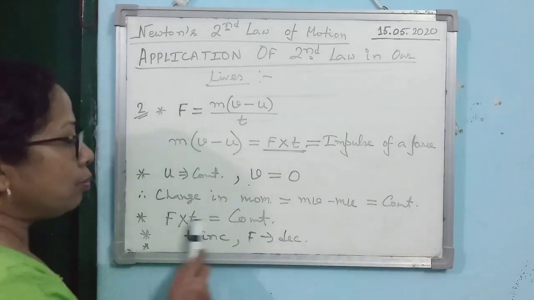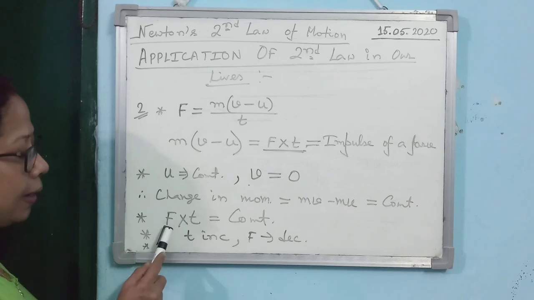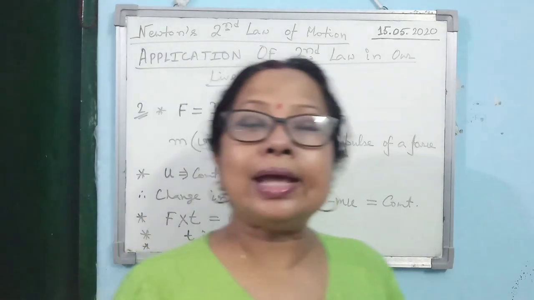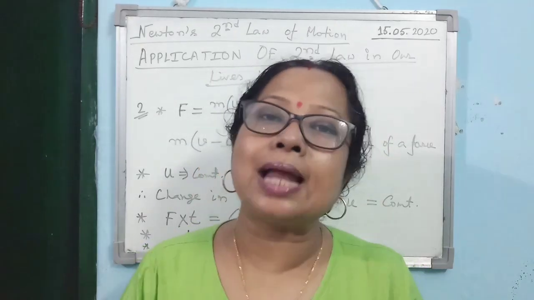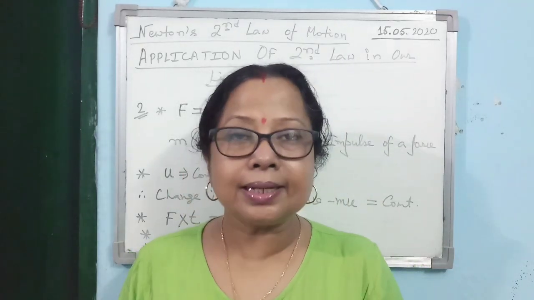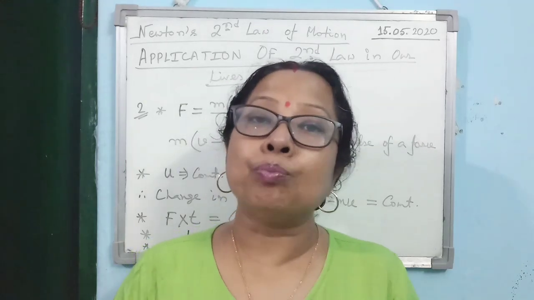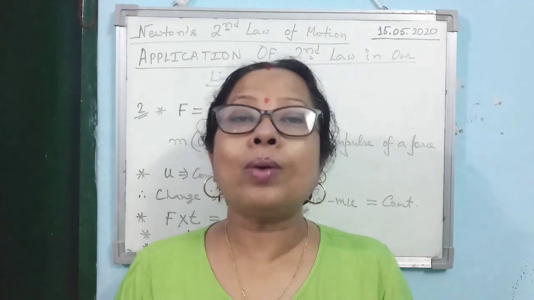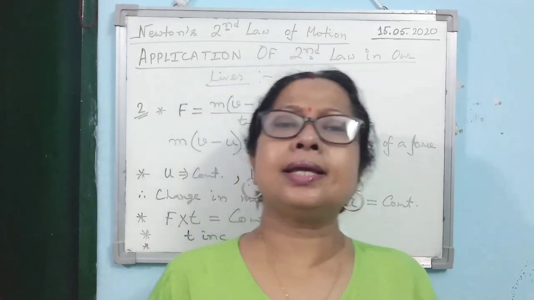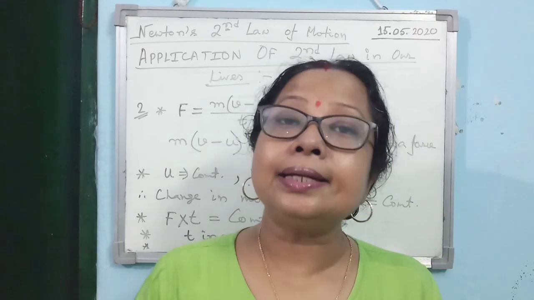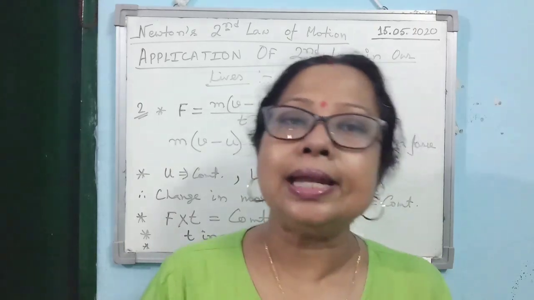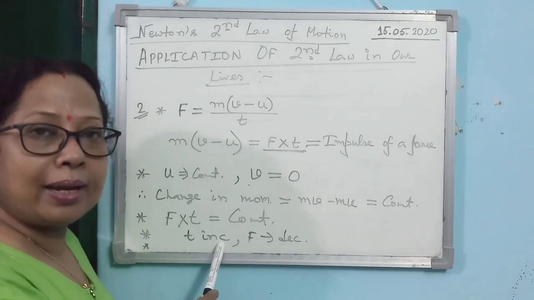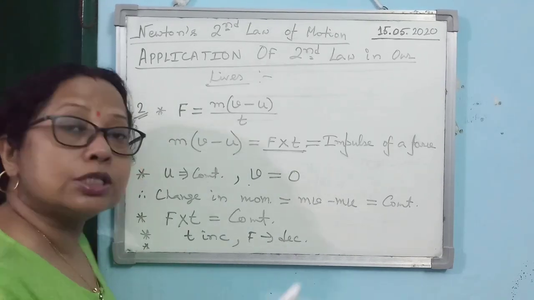So force into time will be constant. When the player jumps on the sand, the sand will slide, and the player will take more time to come to a stop. So by jumping on the sand, the player is increasing the time. When the time increases, the player is decreasing the force applied.